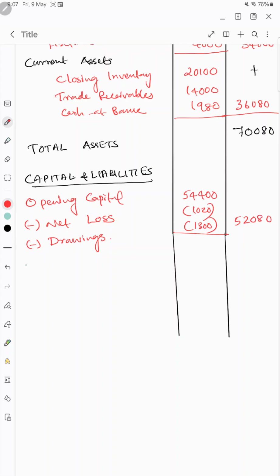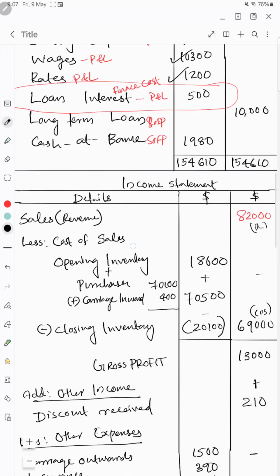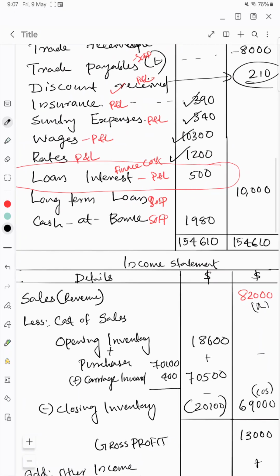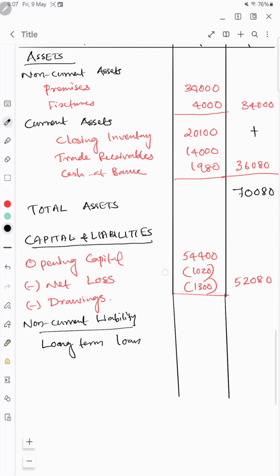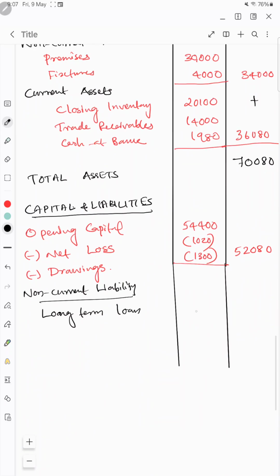Now we have liabilities, non-current liability first. We have a long-term loan, right? Long-term loan is a non-current liability, so you can take here non-current liability, long-term loan 10,000, in the outer column.